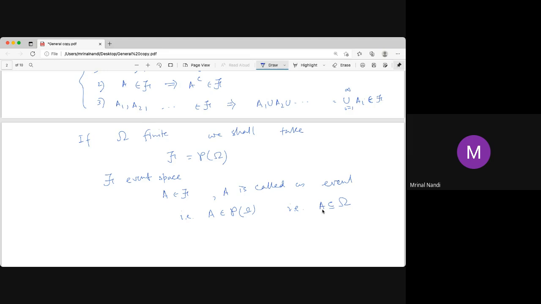But if the event space is the whole power set, that means the collection of all subsets is the event space, that means every subset is an event. That may not be true in general. But in our case, if it is finite, we will take any subset as an event. But otherwise, an event must always be a subset of omega.